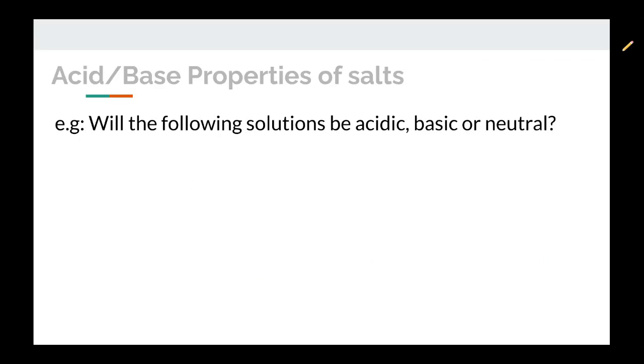So let's look at some examples. What if our salt was calcium nitrate? This is going to dissociate, and it's going to give you calcium ions and NO2 minus ions. This is going to have no effect because it's the cation from a strong base. But NO2 minus does not start with H, and it's not the anion from a strong acid.